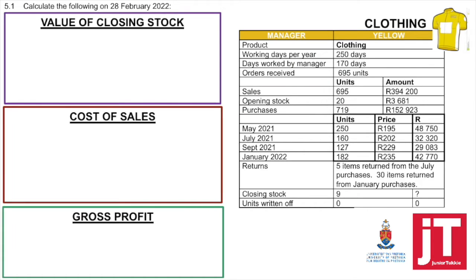Looking at question 5.1, calculate the following on 28 February 2022. We need to calculate the value of closing stock, cost of sales, and the gross profit with regards to clothing. And remember that clothing makes use of the weighted average method.